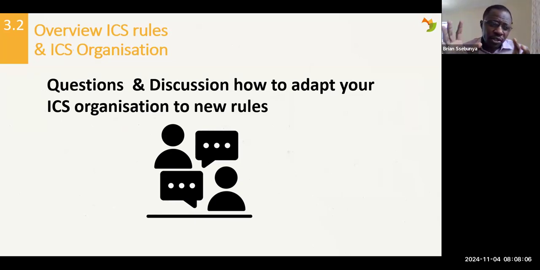So there's a bit of complication in swapping, but that is again the role of the ICS manager to determine what works best. But the principle, or the rule, is you can't be an internal inspector for the same farmers or group of farmers that you do the extension exercise with.